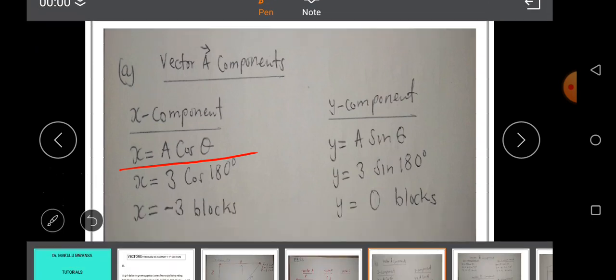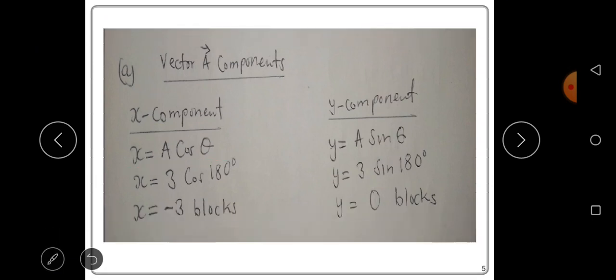A is the magnitude of vector A, which is 3. Theta is the angle, which is 180. Let's punch this on our calculator. When we punch it, we get -3 as our x component of vector A.